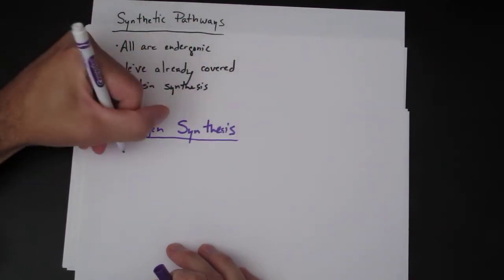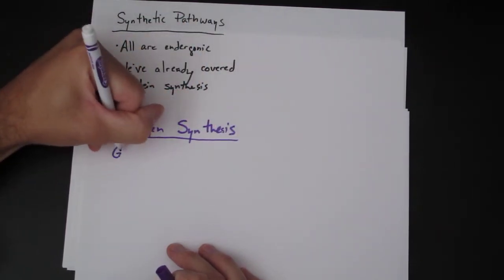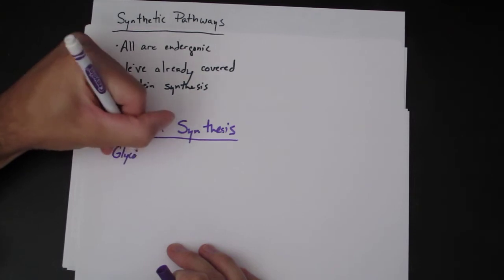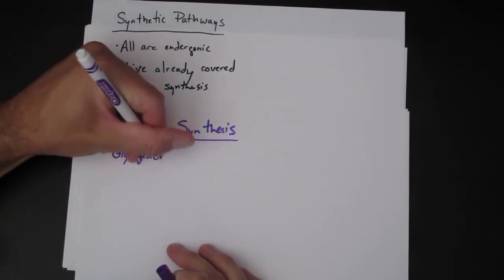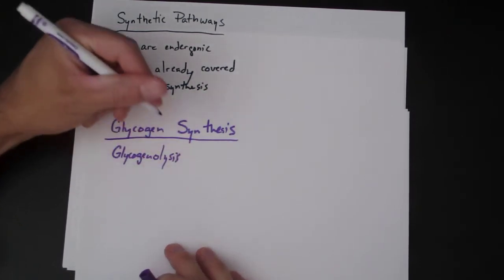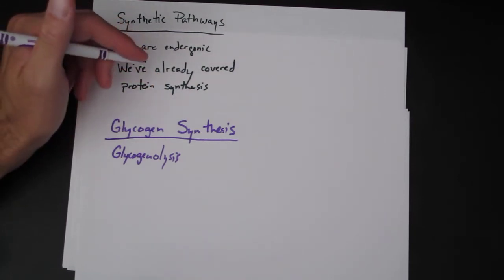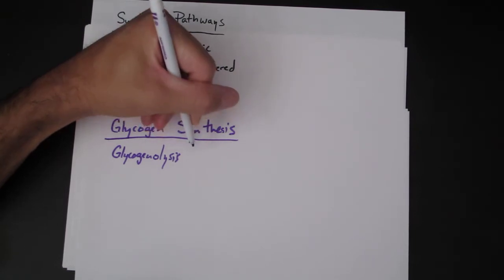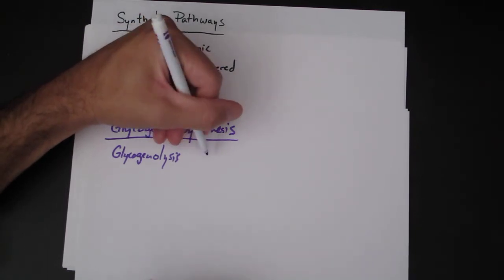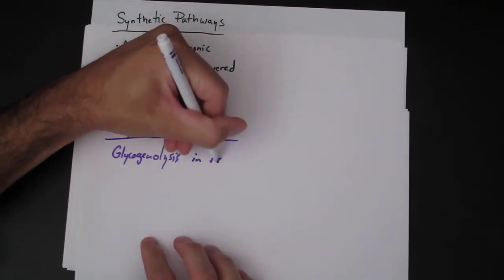Glycogen synthesis is essentially glycogenolysis in reverse. We mentioned briefly last time how glycogen is broken down, and essentially glycogen synthesis is a reversal of those reactions.